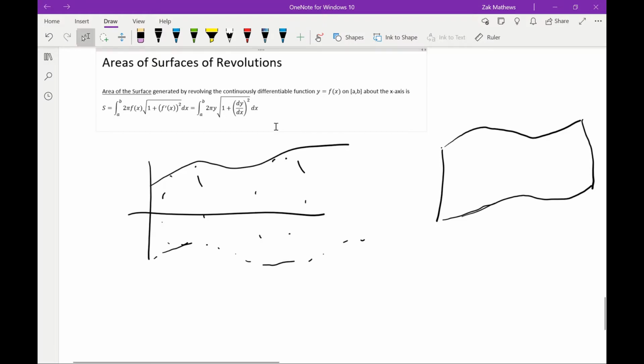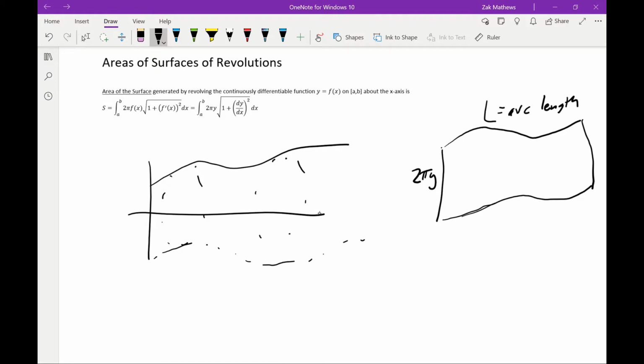And so if we think about how to find an area, it's the length times the width. Well, this length right here is the arc length that we found in the last video. And this amount right here would be y, but because it's a revolution, it's really that idea of a circle, so it is 2 pi y, because we need to think of this as the circumference.